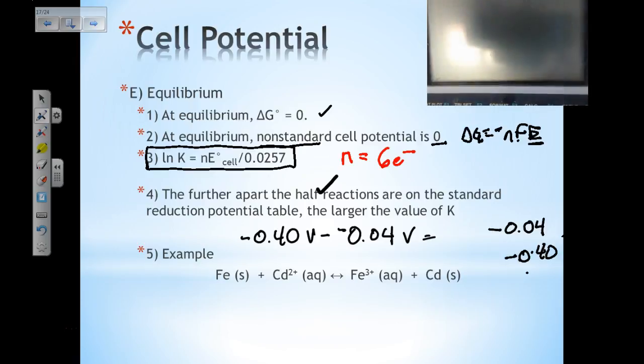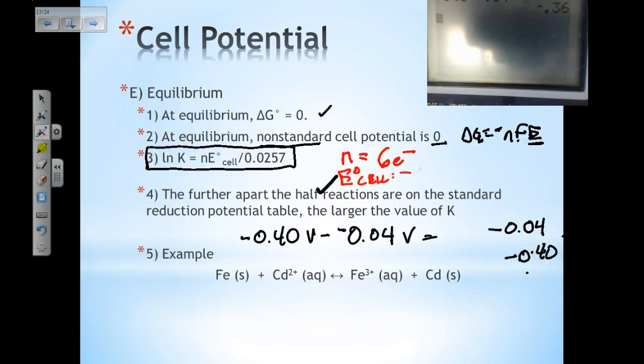Let me pull up my calculator. It's negative 0.40 minus a negative 0.04, and so the E naught cell is equal to negative 0.36 volts.